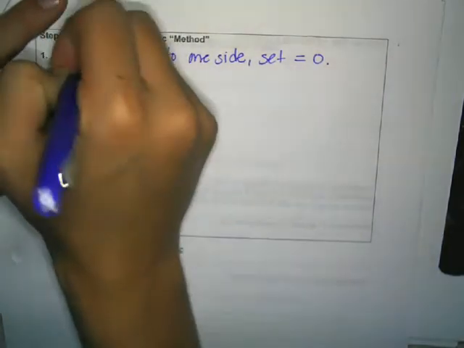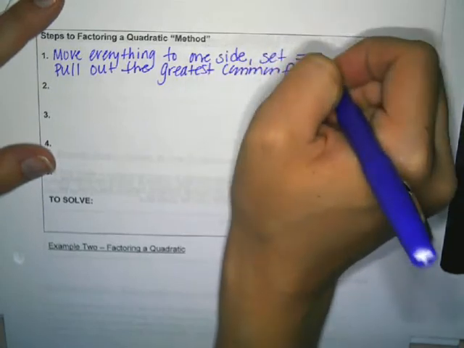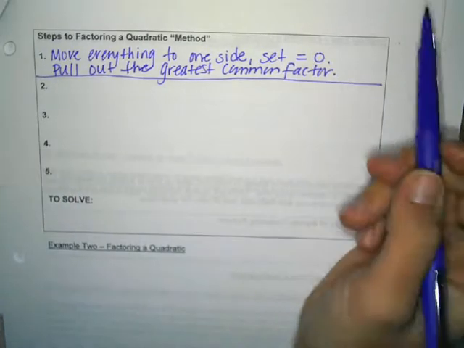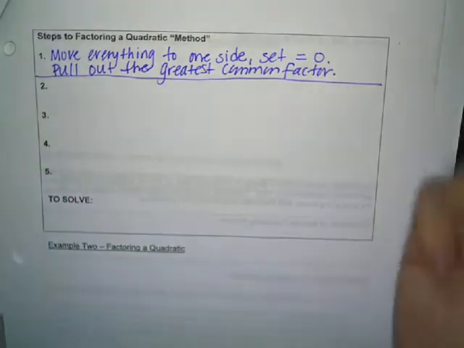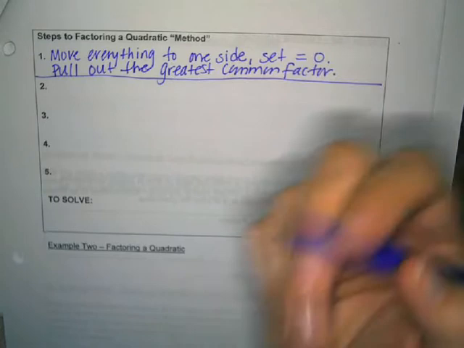This part, pull out the greatest common factor, you're definitely going to have to pay attention to for every problem, whether you have an equation or you don't. Greatest common factor is the number that goes into each number that you have. And sometimes you don't have one, and that's okay.